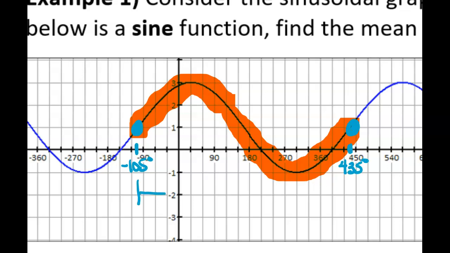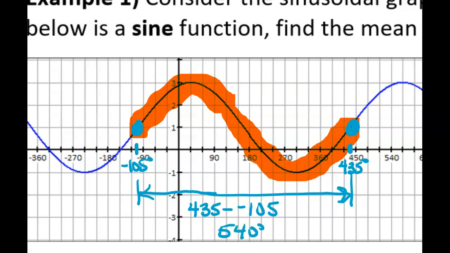Let's measure that period again, which would be the length of one cycle, going from middle to middle rather than maximum to maximum. And let's try this again with a subtraction. 435 minus -105 is still going to be 540 degrees. So it doesn't matter how we measure it, we're still going to have the same length.